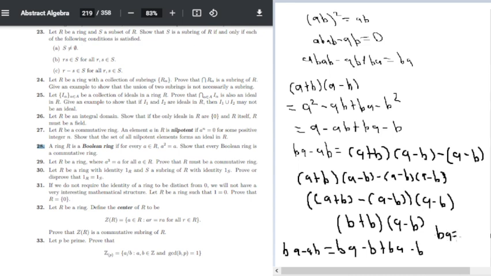BA, or no, AB is equal to, yeah, because we're flipping around everything with a negative, B plus B minus BA. So after all this wild stuff, we have this absolutely insane identity.